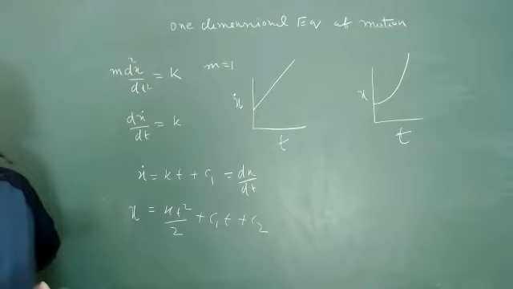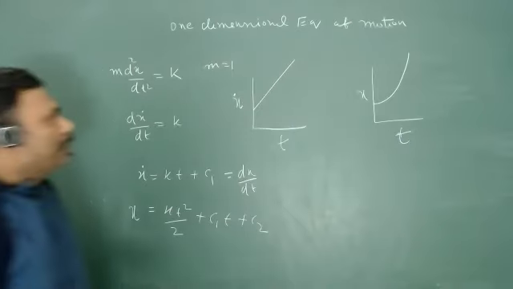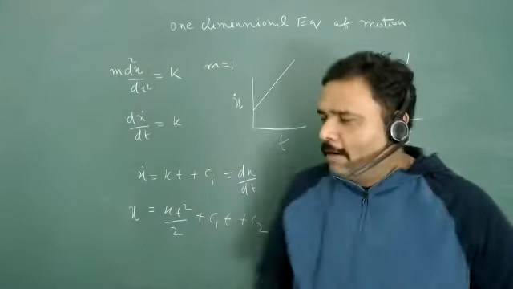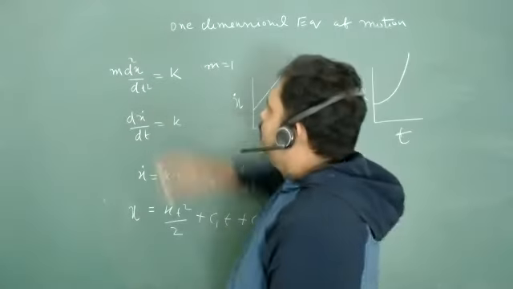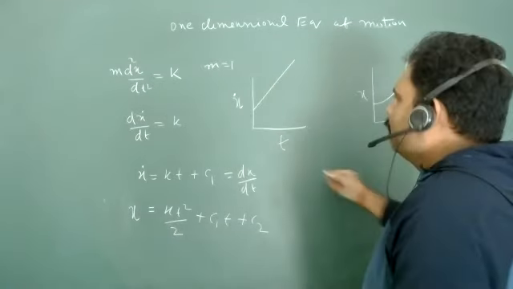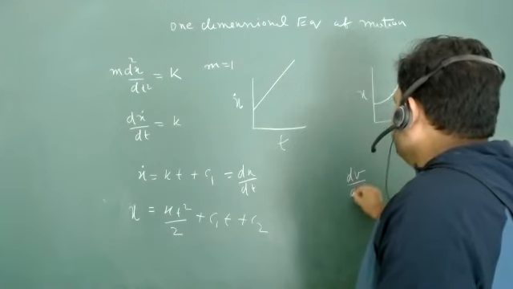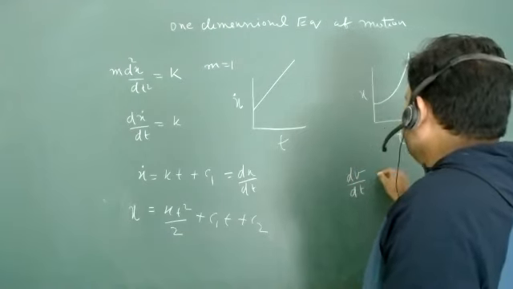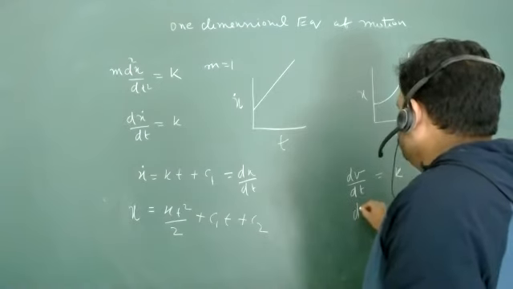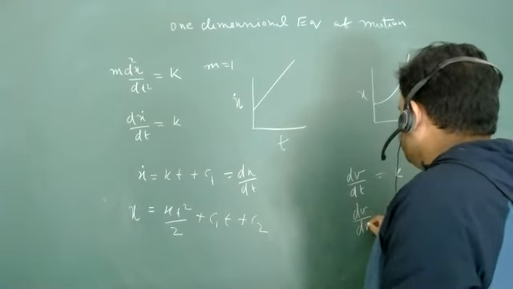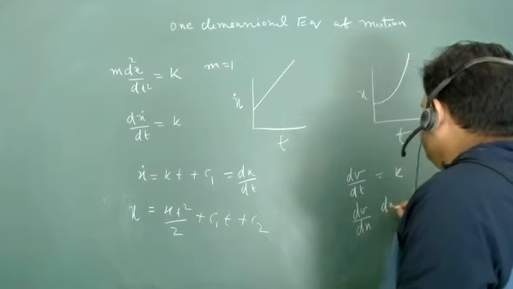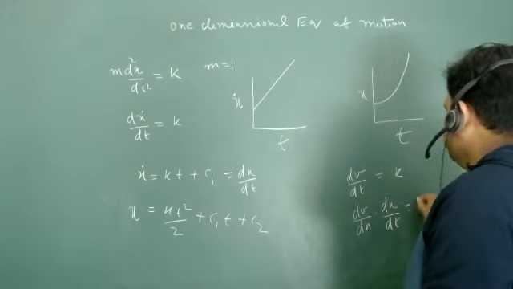And what about x and x dot? How can you calculate the relationship between x and x dot? We can use this expression again, with m is equal to 1. So I can write dv upon dt is equal to k dv upon dx times dx upon dt is equal to k.